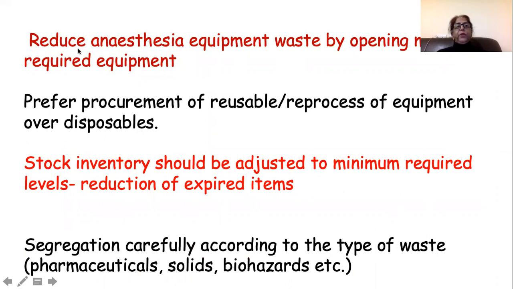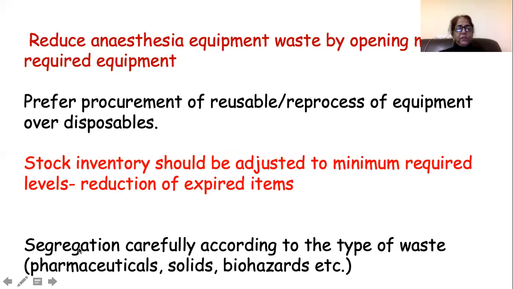So one must try to reduce anesthesia equipment waste by opening minimum required equipment, which is very important, and prefer procurement of reusable and reprocessed equipment over disposables. And stock inventory should be adjusted to minimum required levels by reduction of expired items.